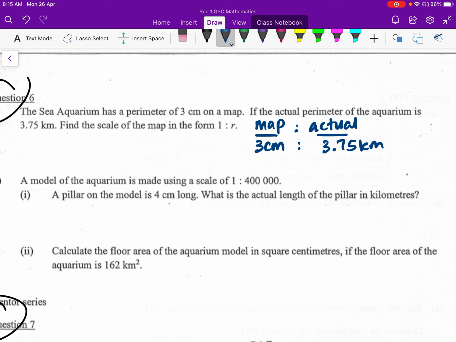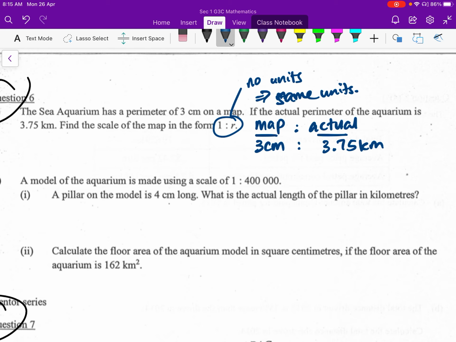So now in the form 1:R, no units, means same units. Only because the units are the same, then we can remove the units. So in this case, cm and km, definitely we need to change one to the other. Either one you change to the other will result in the same answer, as long as you do it correctly.